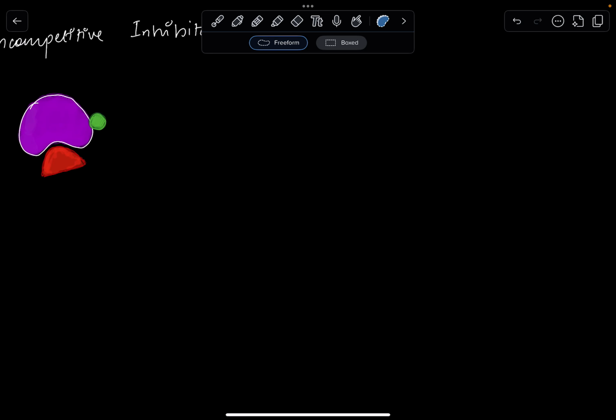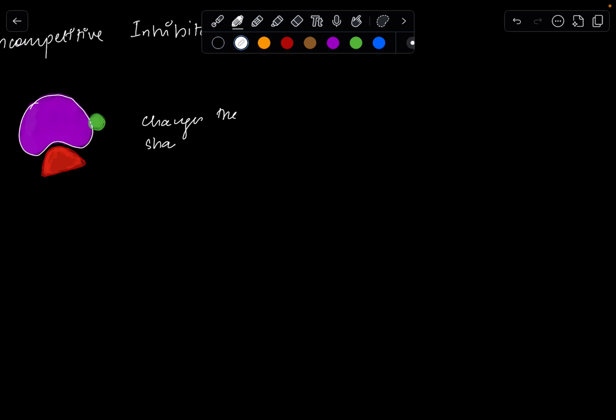It binds to this. And so when it binds to this, effectively what it does is it changes the shape and kind of prevents what? The formation of the products.